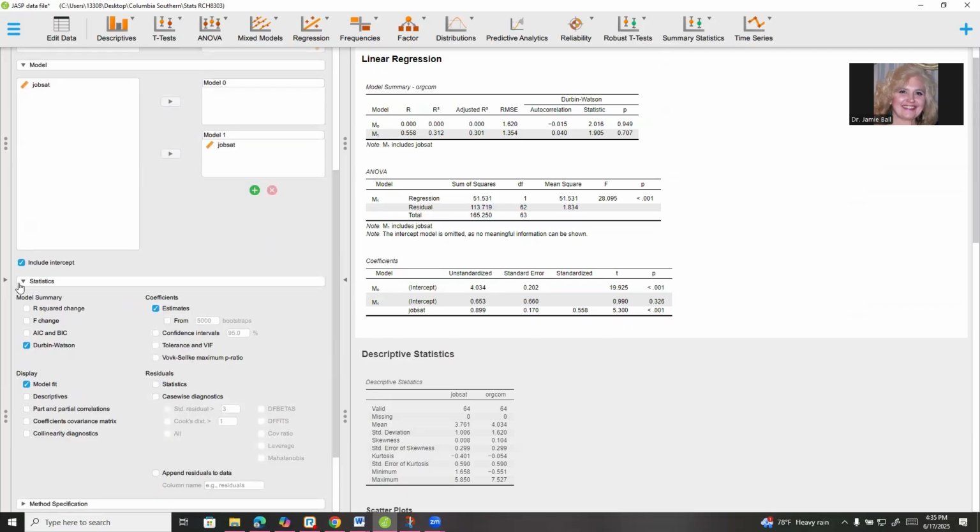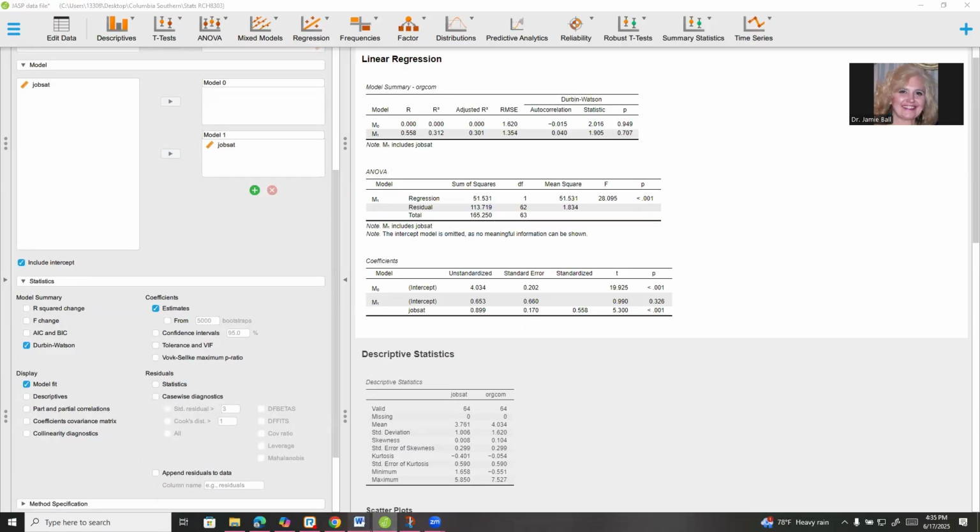You can find it under statistics and you just check the box. And it's going to give you this model summary output up here, which includes the Durbin-Watson test right here. Okay, now notice my p-value is p equals 0.949 and my statistic is 2.016.